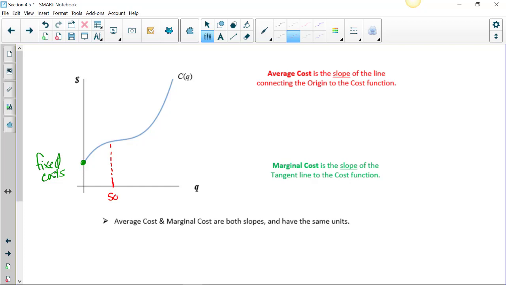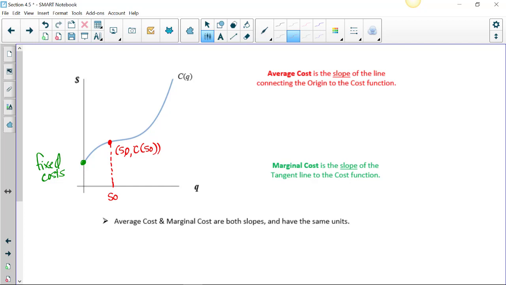Here's 50. So this point here is 50, C of 50, right? So at a production level of 50, we've got whatever our cost is to produce those 50 units.